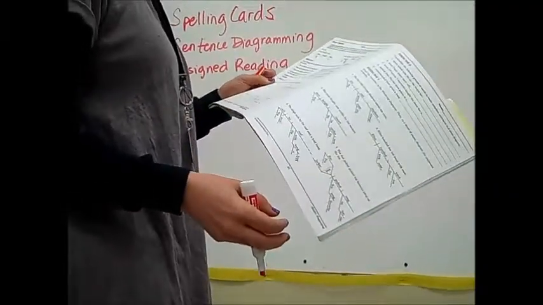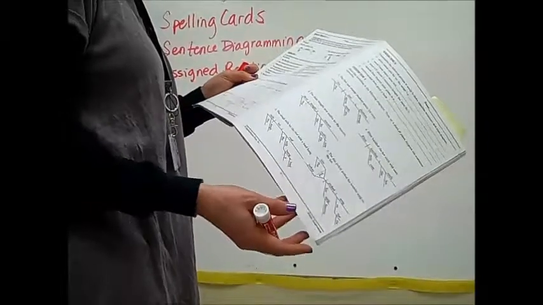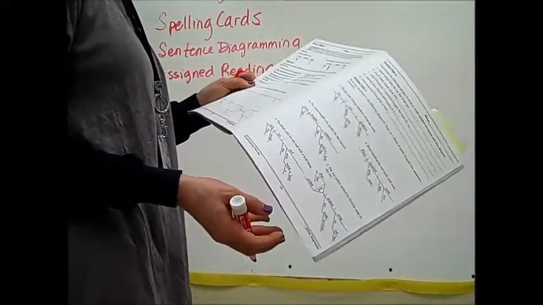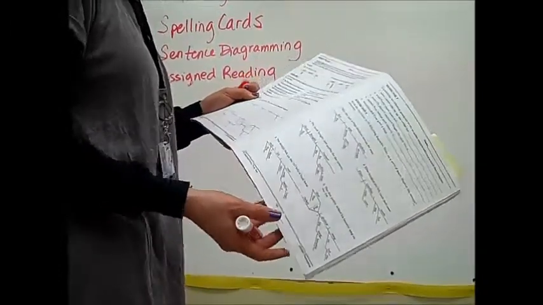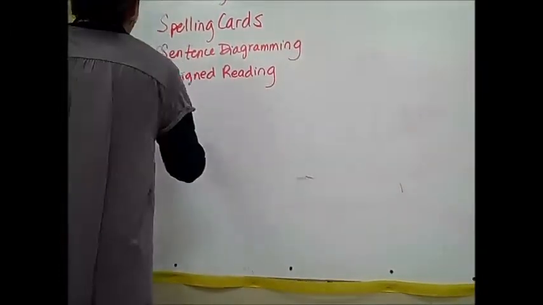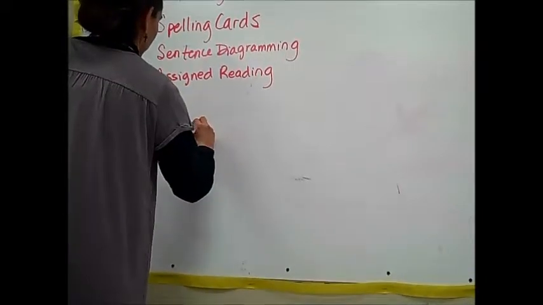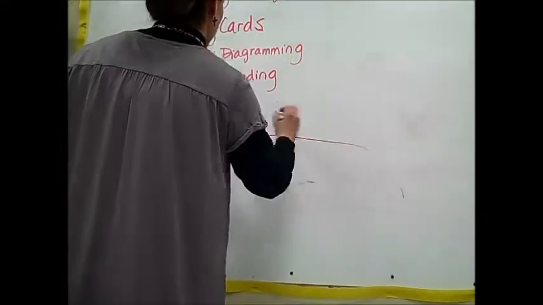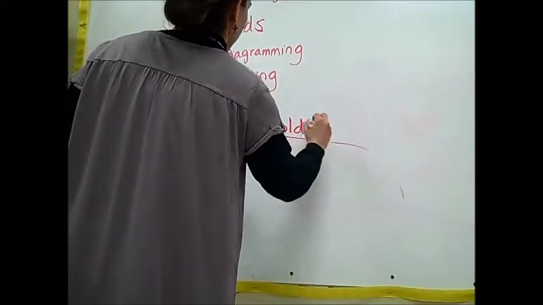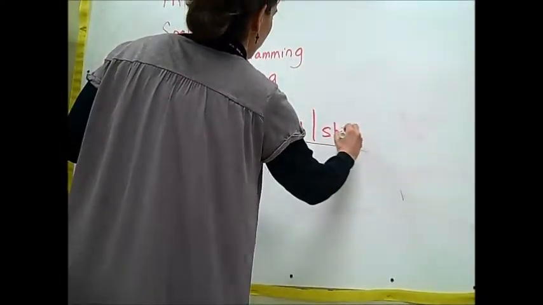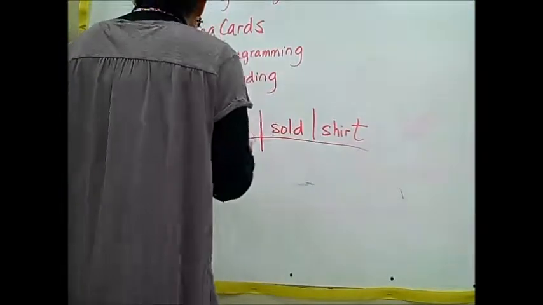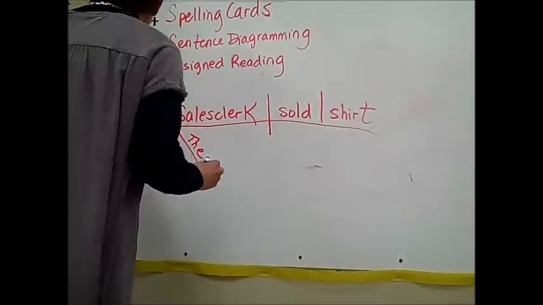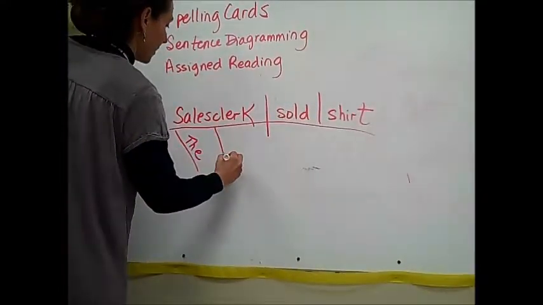The sales clerk in the men's department sold every pink shirt in stock. So the meat of this sentence is going to be sales clerk sold shirt. Everything else goes underneath one of these 3 categories. So which sales clerk? The one in the men's department.